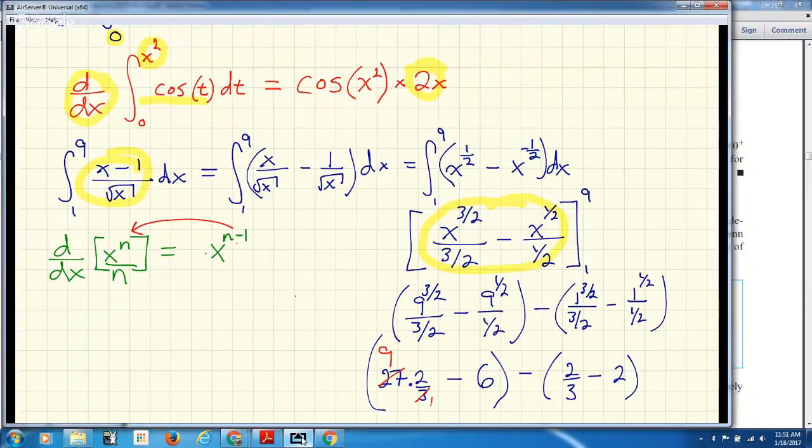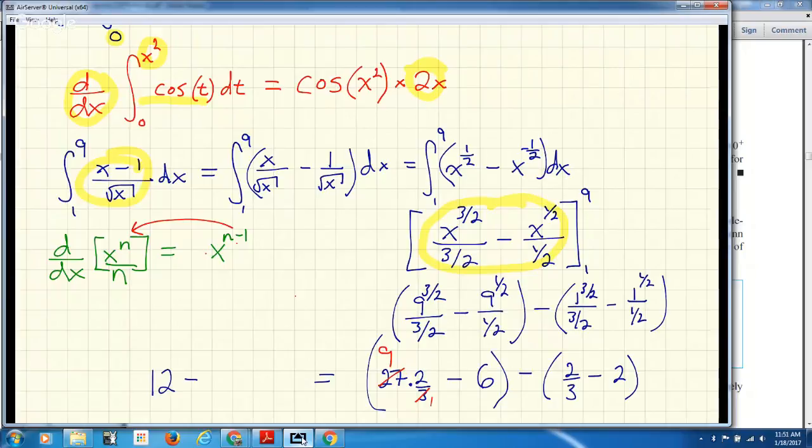And let's see, do I have any more room underneath here to write? So we'll just take it over this direction. So cleaning that up, let's see, what do we get? We get a 9 times 2 is 18. 18 minus 6 is 12. Minus 2/3 minus 2.